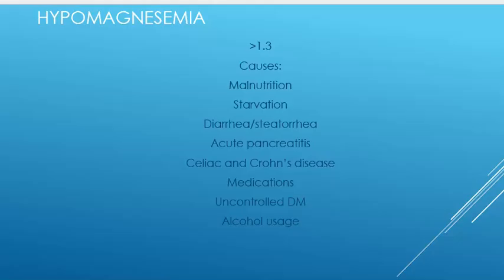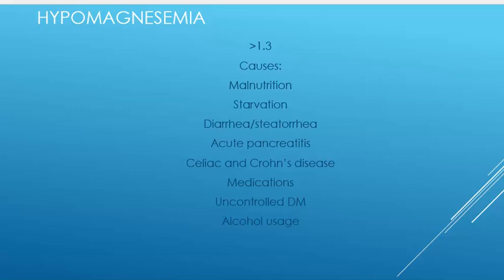Some medications that you might expect are proton pump inhibitors like your omeprazole and your Protonix. You may also be ordered diuretics. No, I'm sorry, I misspoke there. Please forgive me.